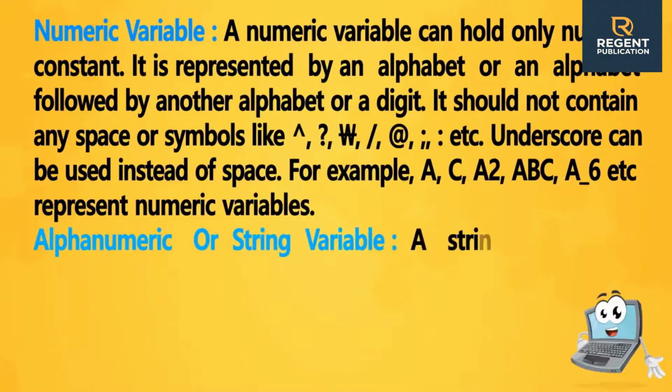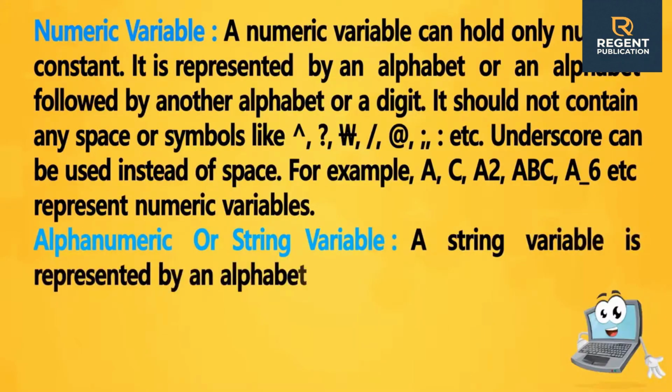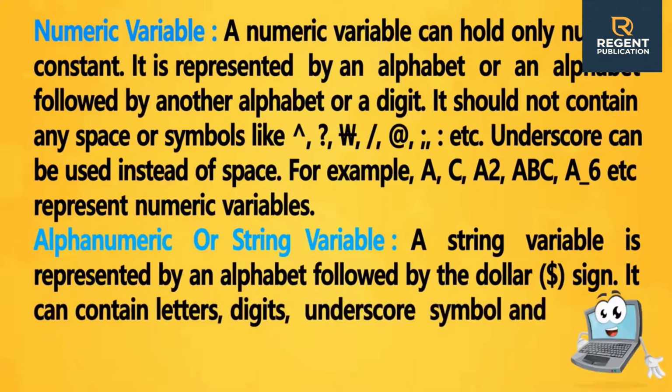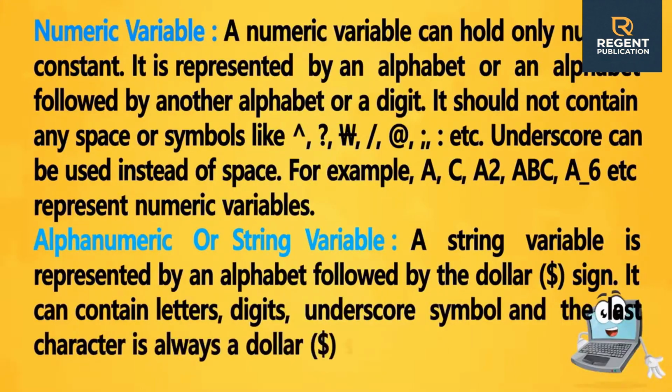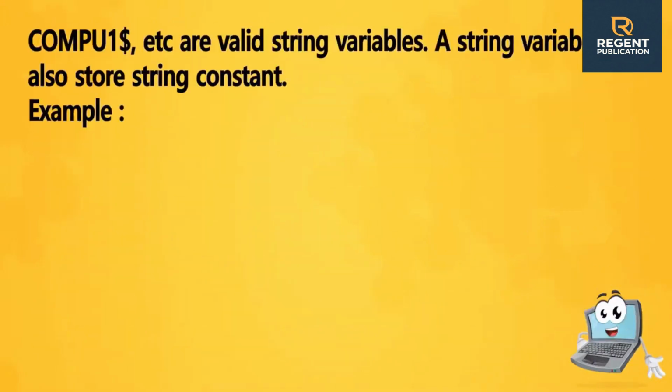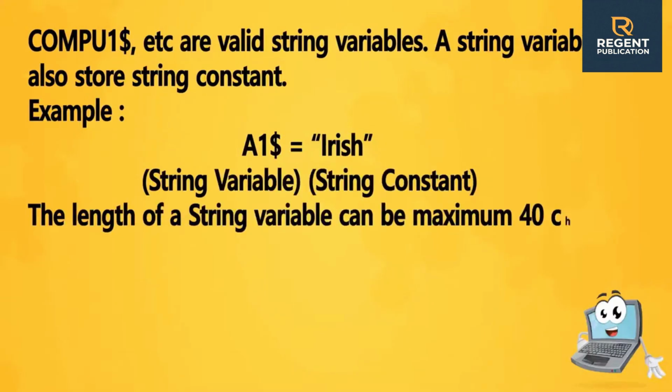These represent numeric variables. Alphanumeric or string variable. A string variable is represented by an alphabet followed by the dollar sign. It can contain letters, digits, underscore symbol, and the last character is always a dollar sign. For example, A1$, RKL$, COMPU1$ etc. are valid string variables.